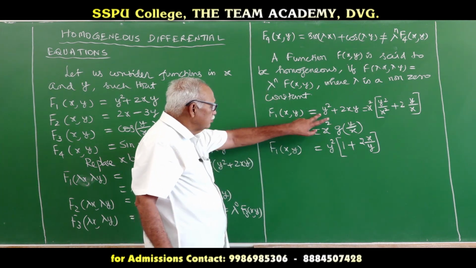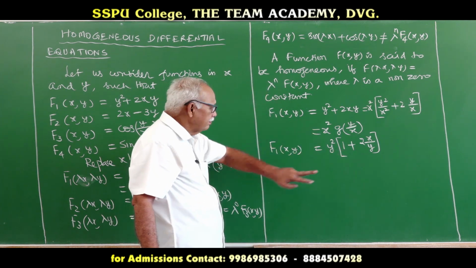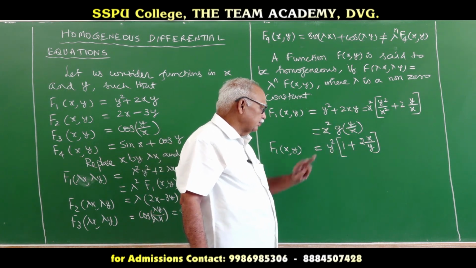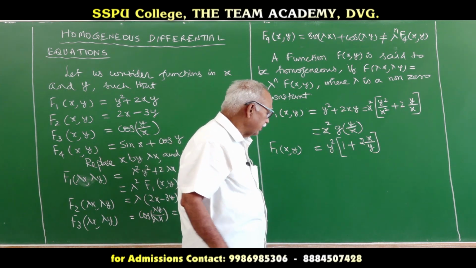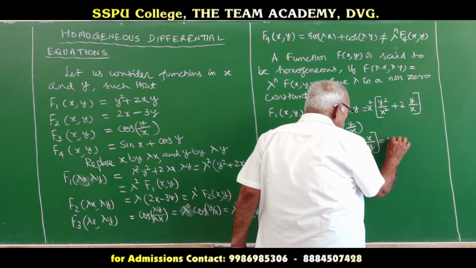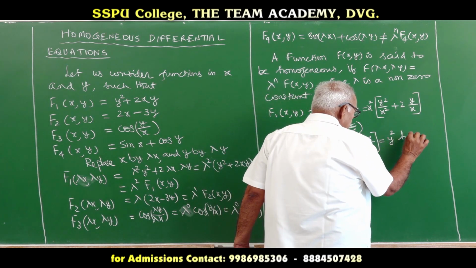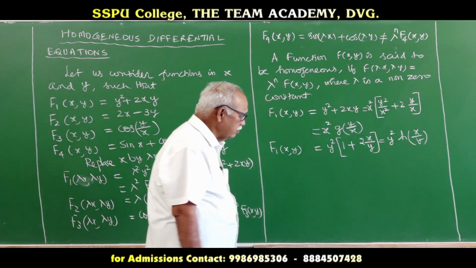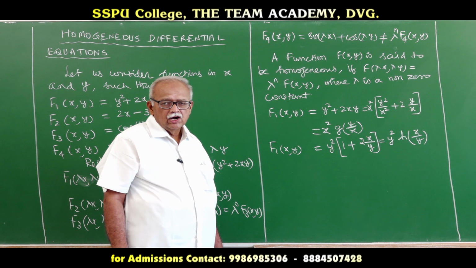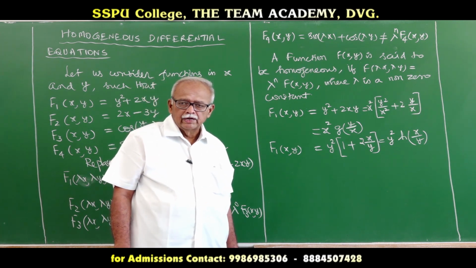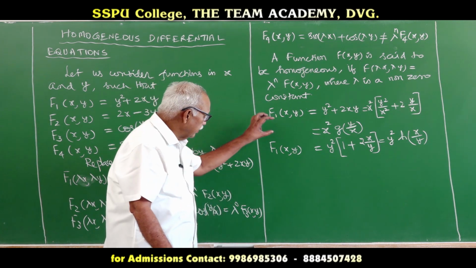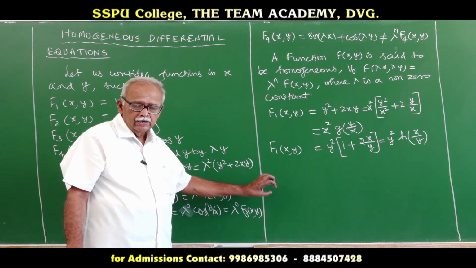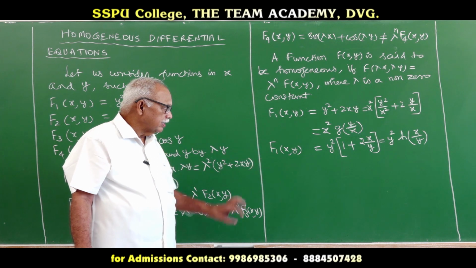You see, if you multiply y square by 2x by y, you will get 2xy. So, this function is in the form of y square into h of x by y. So, another way of defining homogeneous function is we can do f2 of x, y, both we can write it. So, all the three functions we can convert into this form.